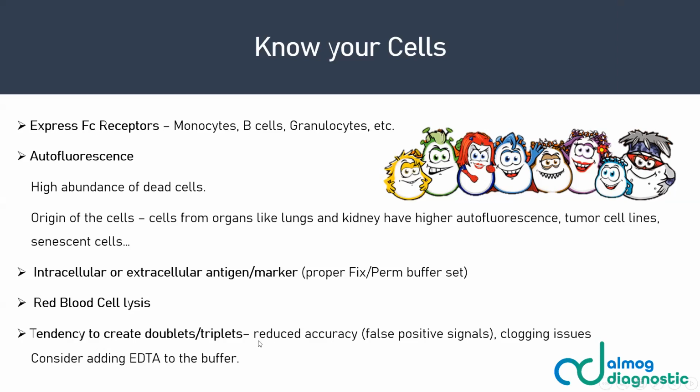So in case we get sticky samples, sticky cells that tend to stick together, there could be two or more cells that pass through the laser beam, and in this way we actually get reduced accuracy. We get false positive signals. Of course, we can also have clogging issues that need to be considered. So if you work with cells that tend to clump together, you should always consider adding EDTA to the FACS buffer.